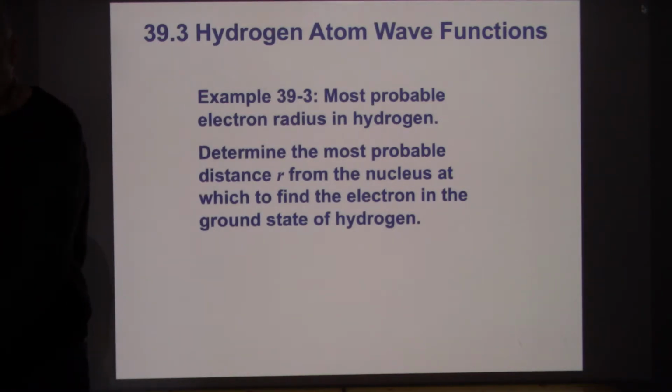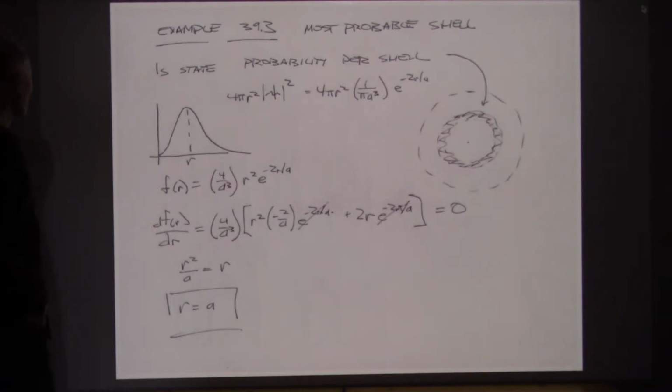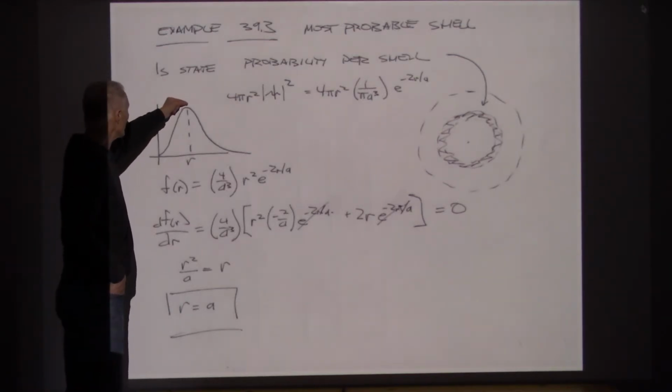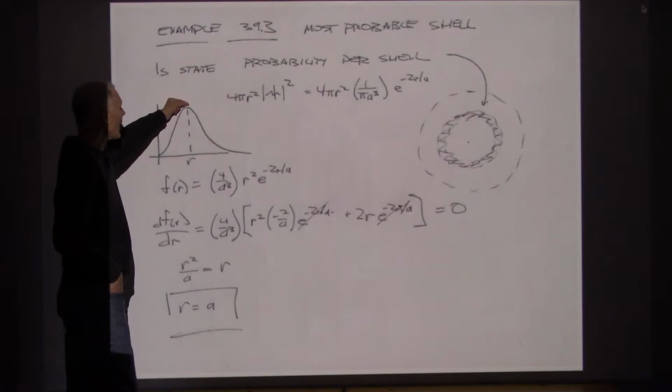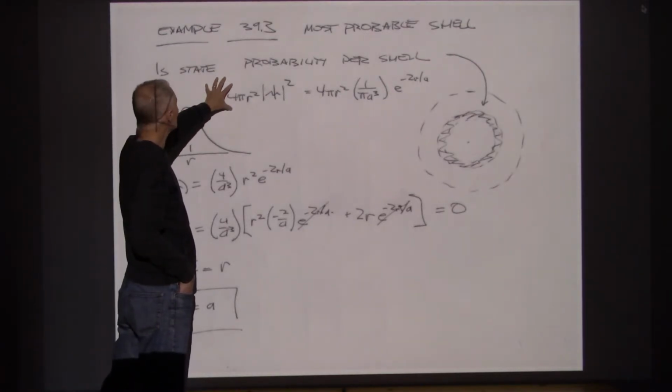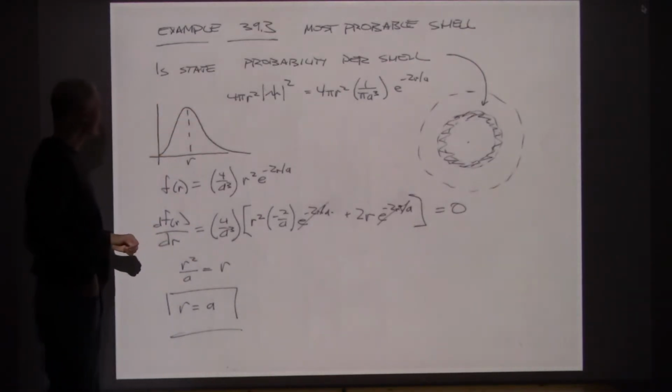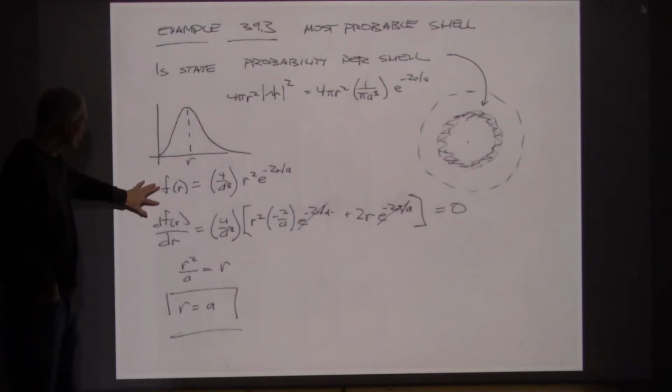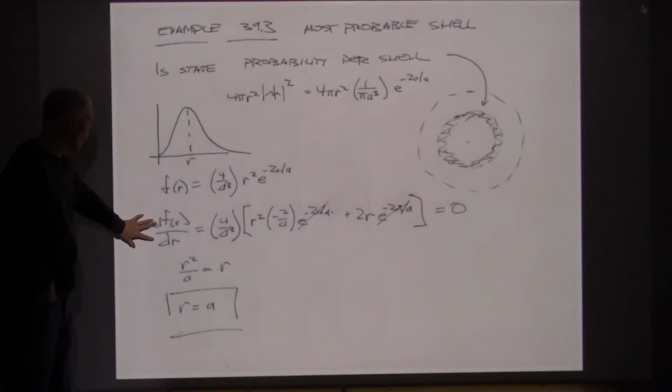What would be the most probable radius in hydrogen? To solve for this, what we want to do is see where this function reaches its peak value. So this is the probability per shell. To find out where it reaches its peak value, what we can do is take a derivative of that expression.